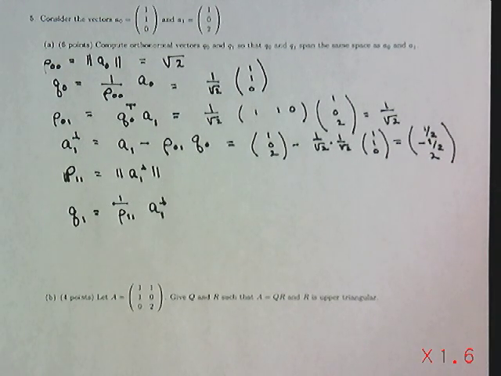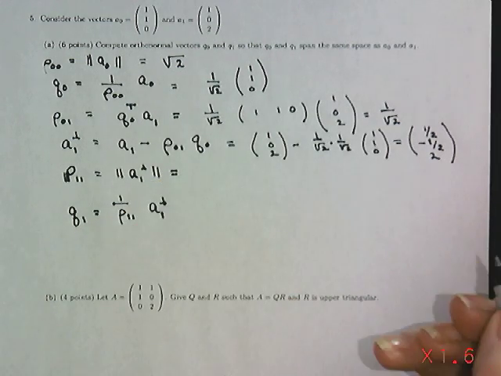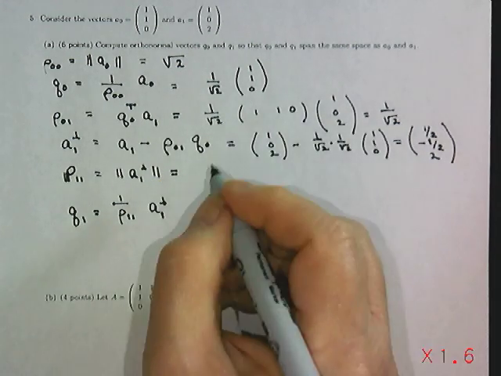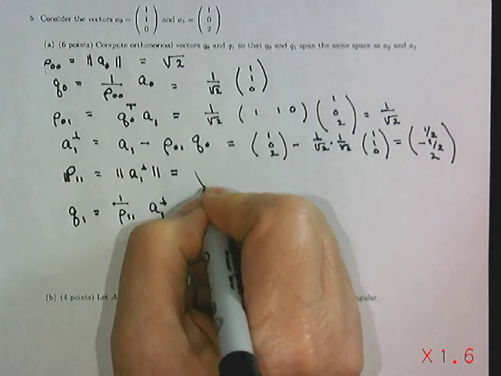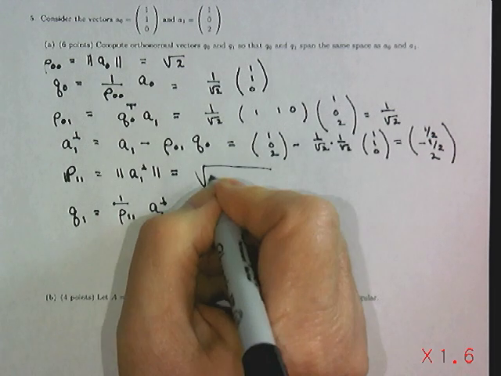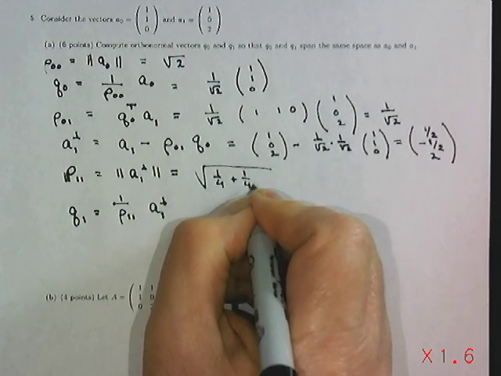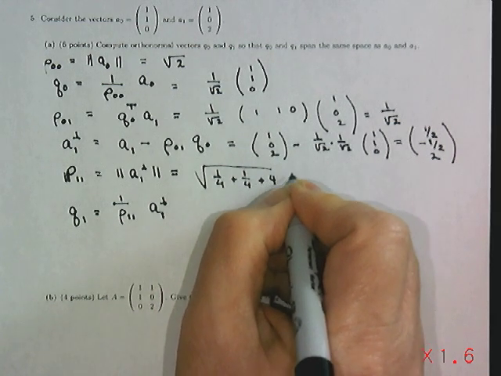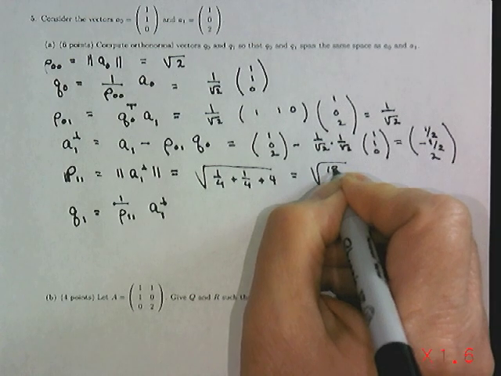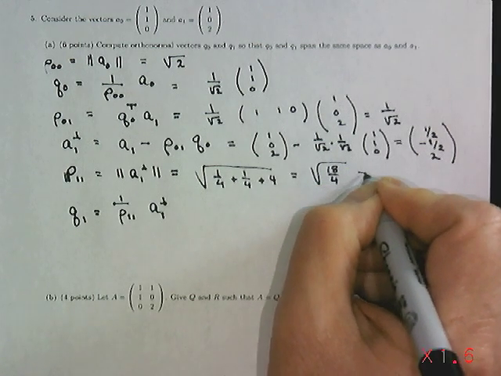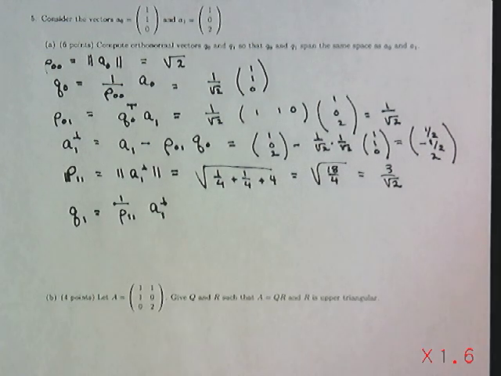Now, the length of a sub 1 perp is the square root of the dot product. So it's the square root of 1 half squared plus negative 1 half squared plus 2 squared, which is the square root of 18 fourths, which is 3 square roots of 2 over 2, I think, if we simplify it.